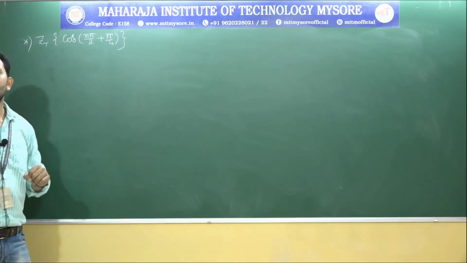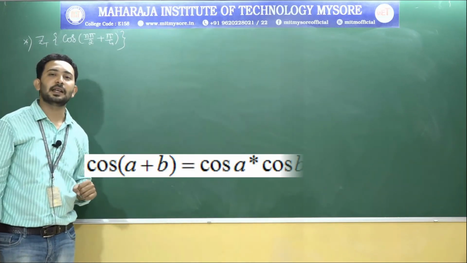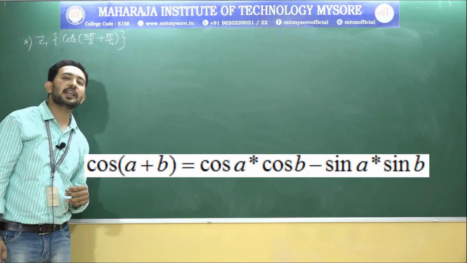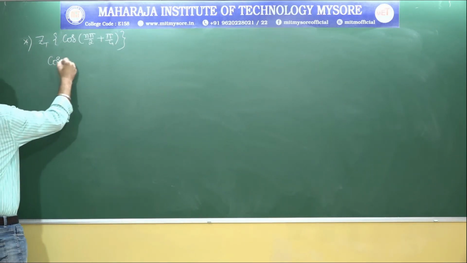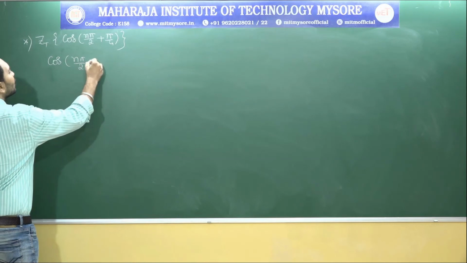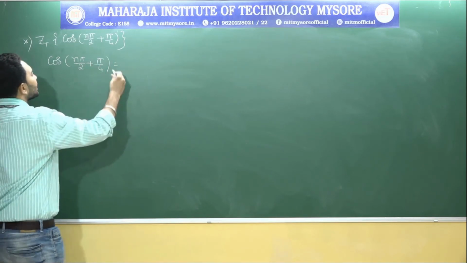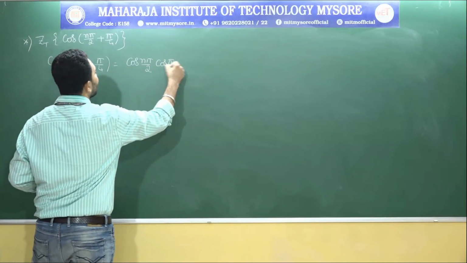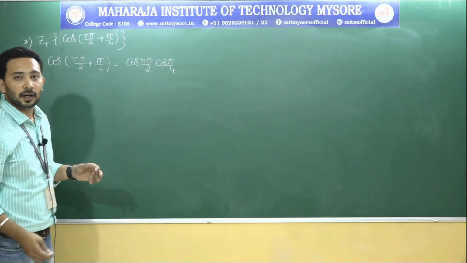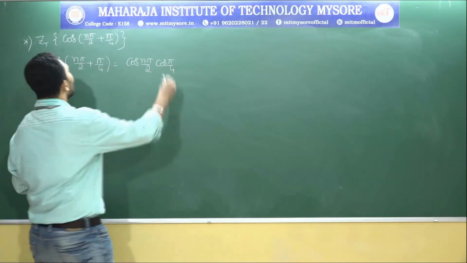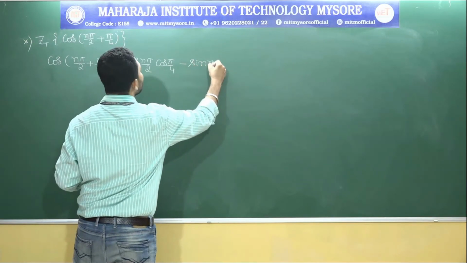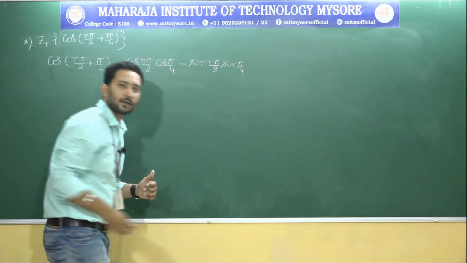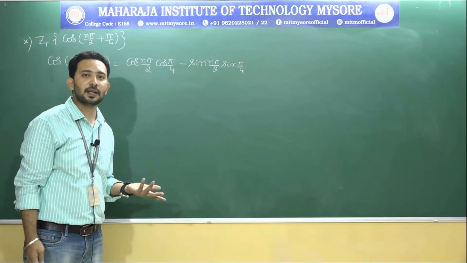See here it is in the form of cos of a plus b. What is cos of a plus b? It is cos a into cos b minus sin a into sin b. By applying that formula, we can write cos of n pi by 2 plus pi by 4 as cos of n pi by 2 into cos pi by 4, which is cos 45 degree, that is 1 by root 2, minus sin n pi by 2 into sin pi by 4, which is also 1 by root 2.